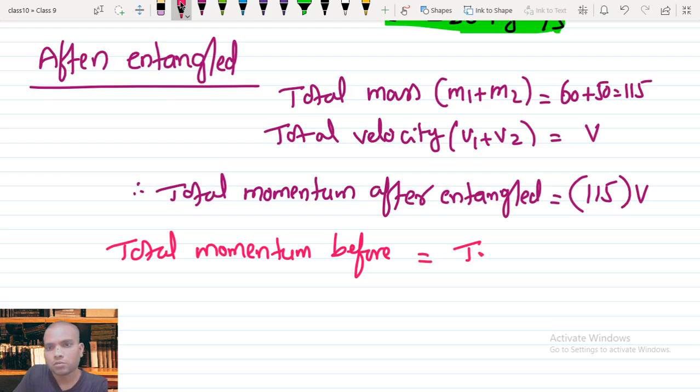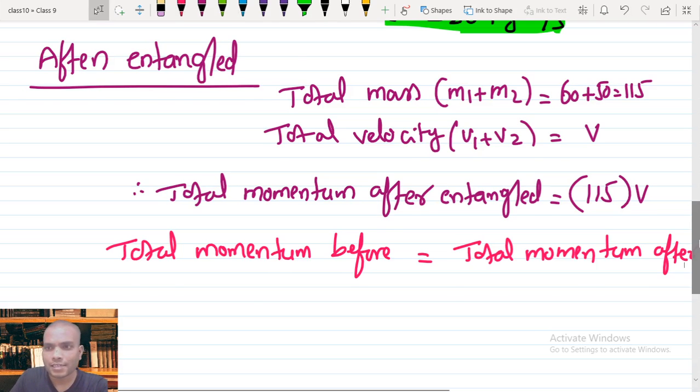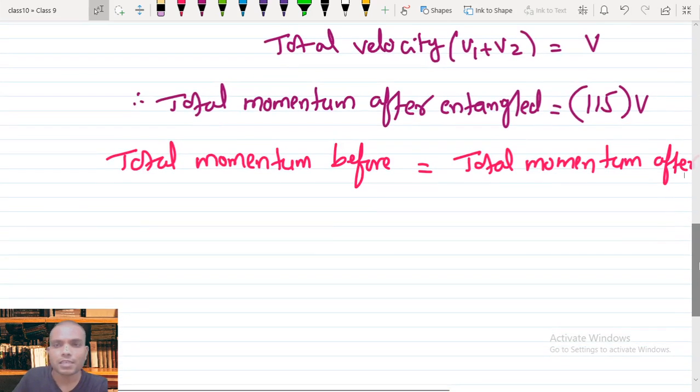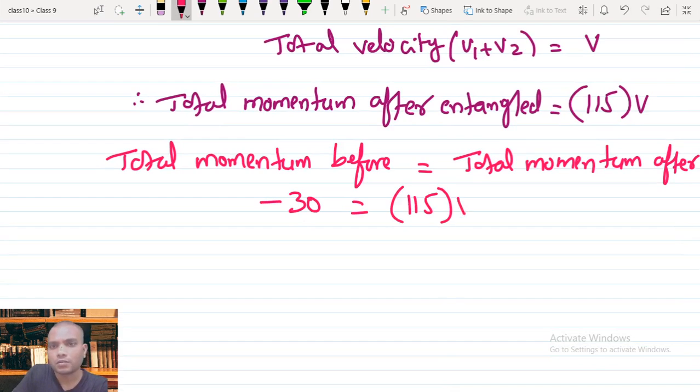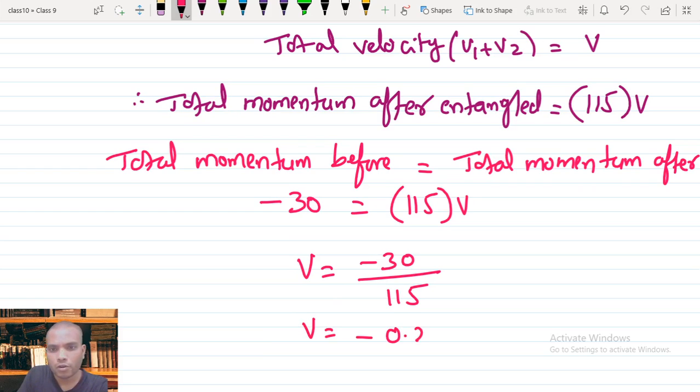We got the total momentum before entangling equal to minus 30 kg meter per second, and after it is equal to 115 times v. Now find v. Therefore v equals minus 30 upon 115. If we do the division, I get minus 0.26 meters per second.